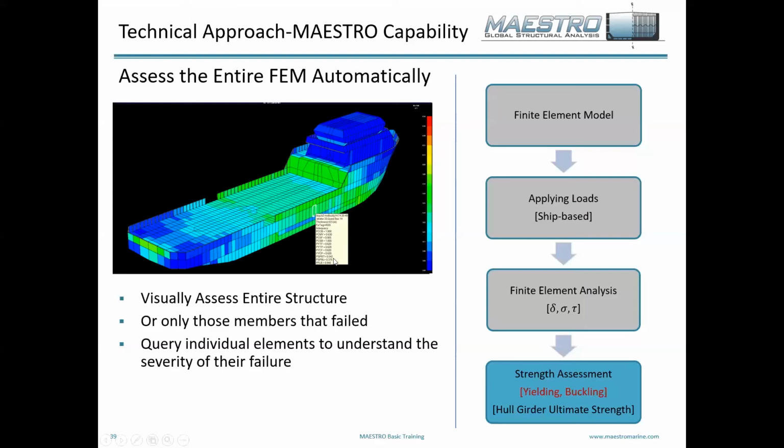But Maestro uses this adequacy parameter to non-dimensionalize the results so that everything falls within a scale from -1 to 1. Anything below 0 is failing, and anything above 0 is passing. And if you're exactly at 0, then your element just meets the criteria.